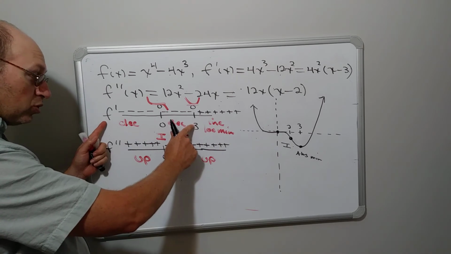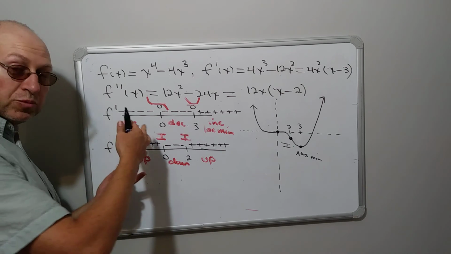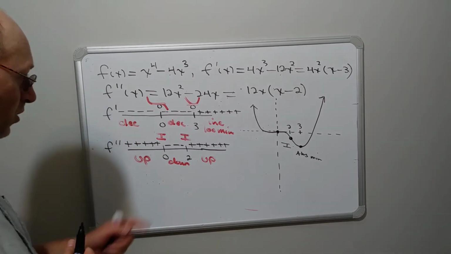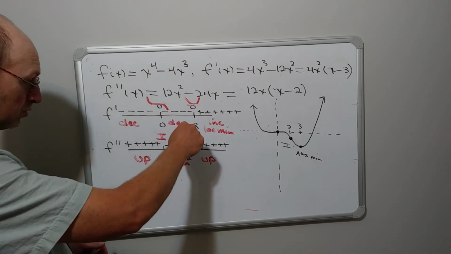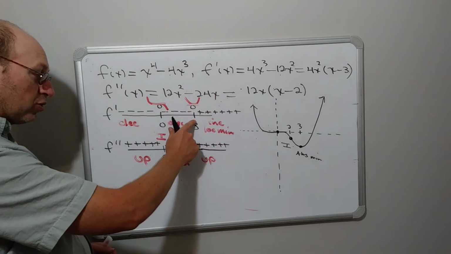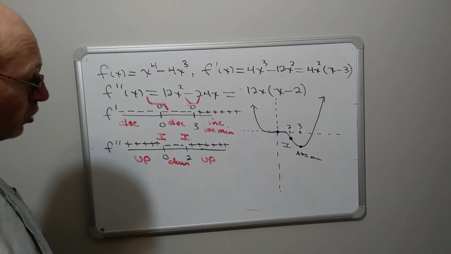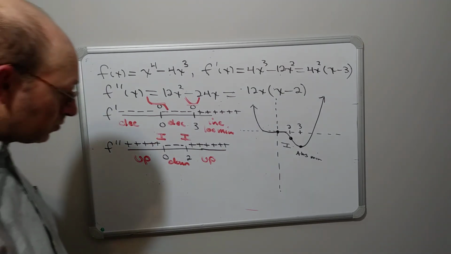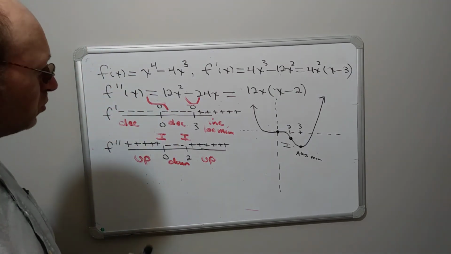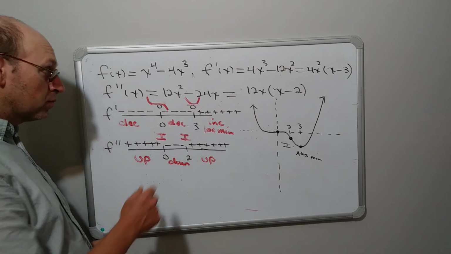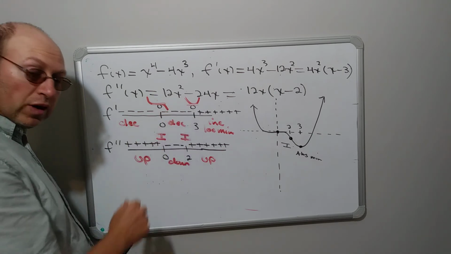There's only one minimum, and this has to be the global or absolute minimum. It never gets lower than that point. And this is the correct graph. I encourage you to try to do this on your own. Start here, and maybe try to redo the problem without looking at the video.